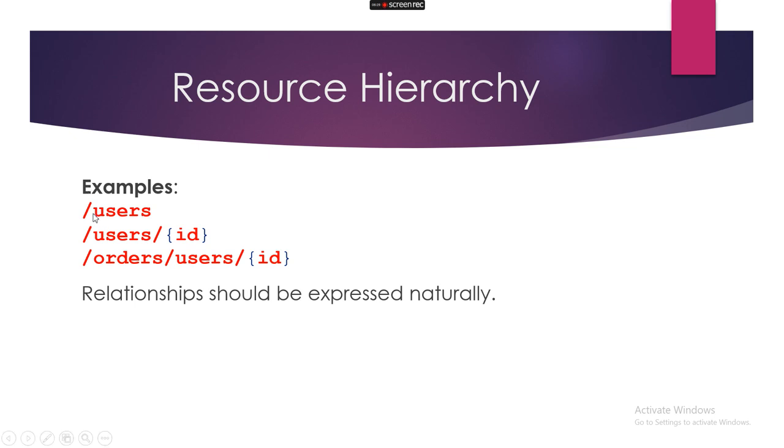You look at it, you say, okay, this is like get all users because it's plural, right? So get the user with the ID that is specified here. And then this one we get all orders for the user with the ID, which is specified here. So it is easy to read because it flows naturally.